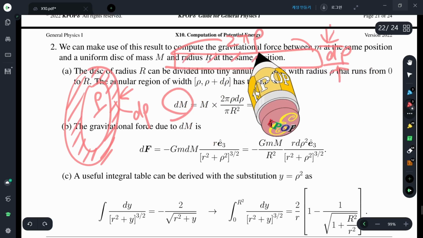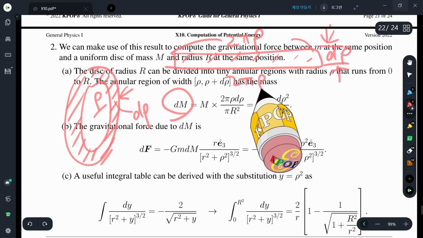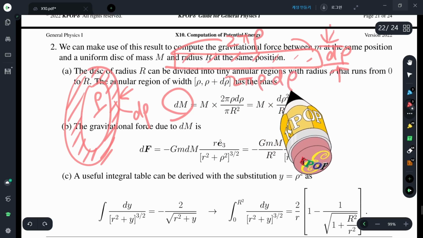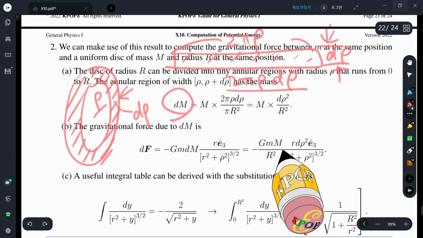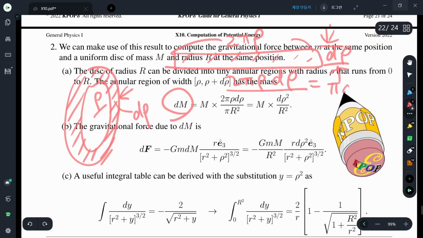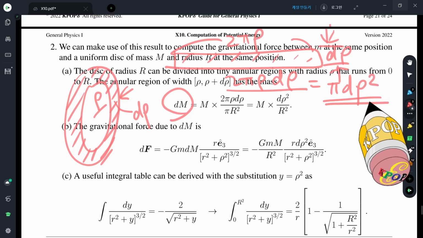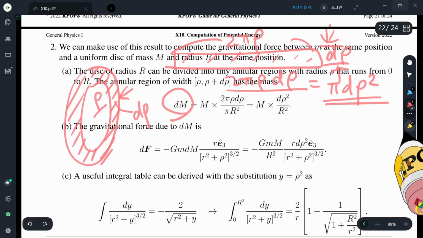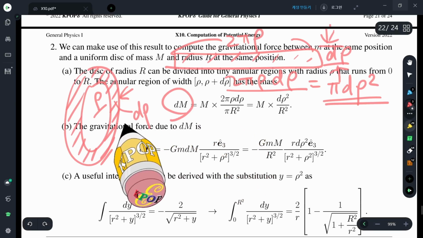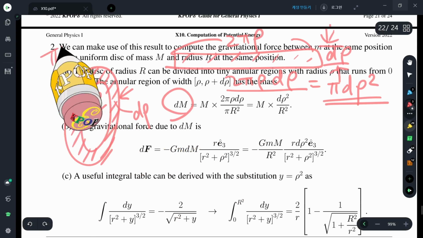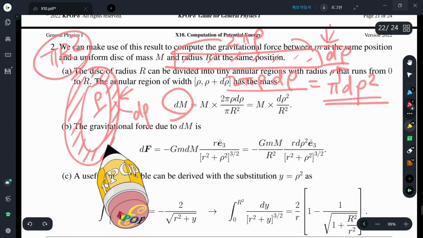So this area is 2 pi rho d rho, and this is pi times the total differential of rho squared. Leibniz told you.